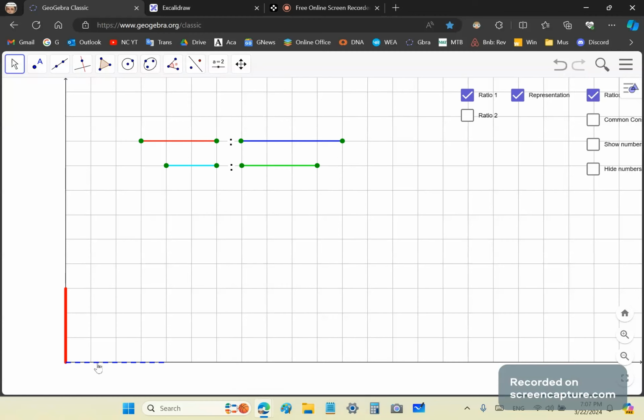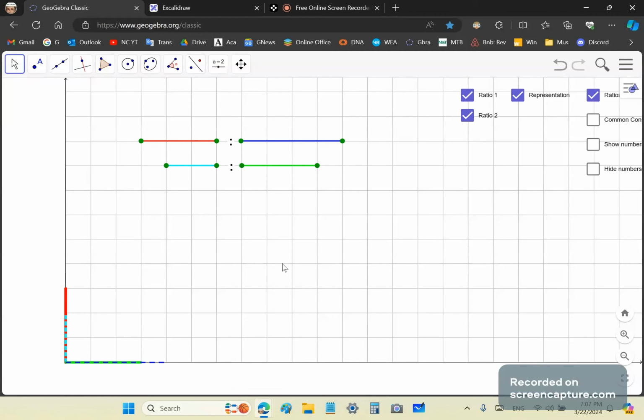And there's a good reason I've represented it like that, because I want to be able to show the second ratio, the cyan and green ratio, represented the same way. So now we have the two ratios. How are we going to find either the difference or the sum?